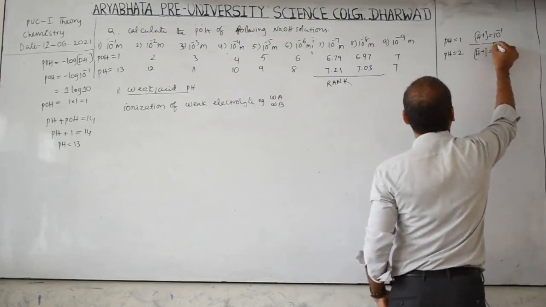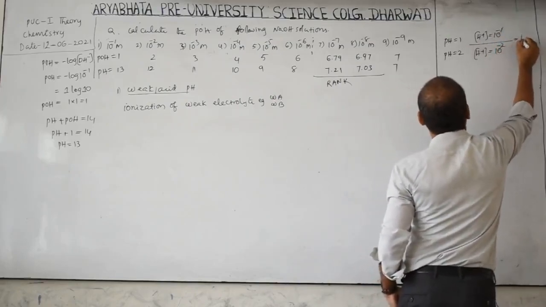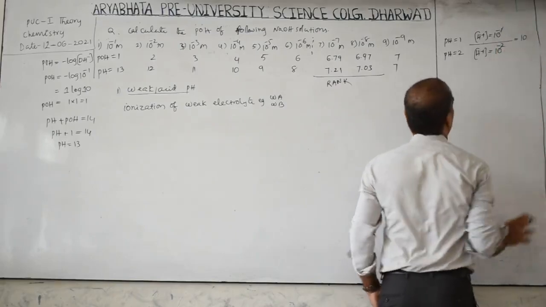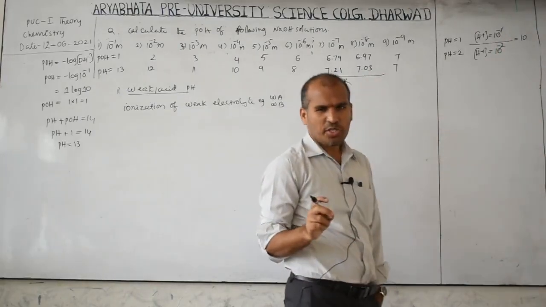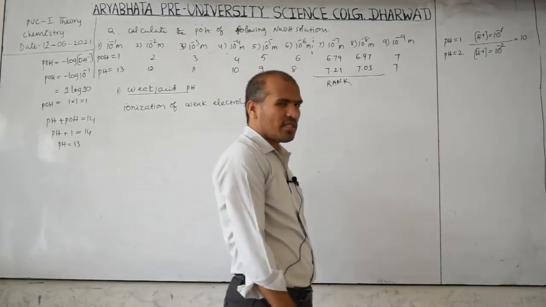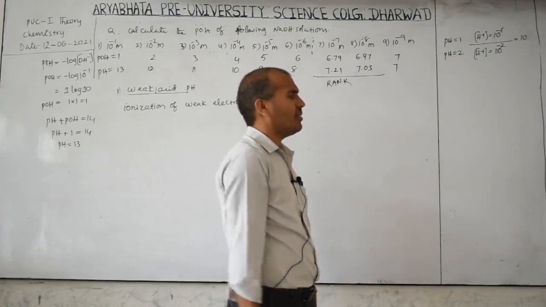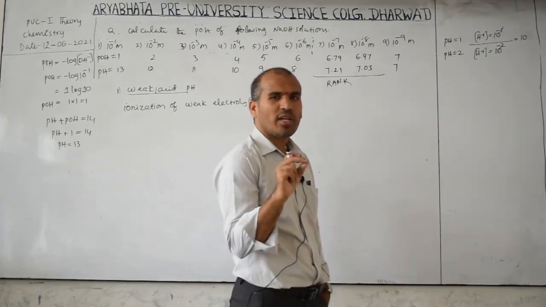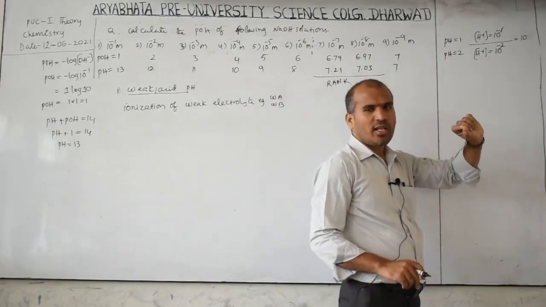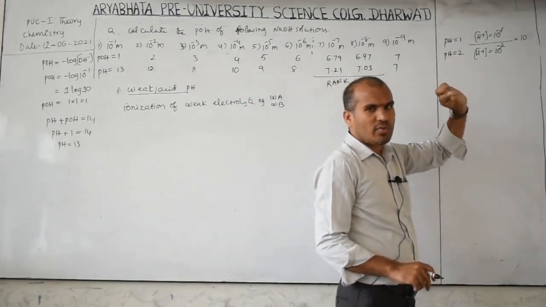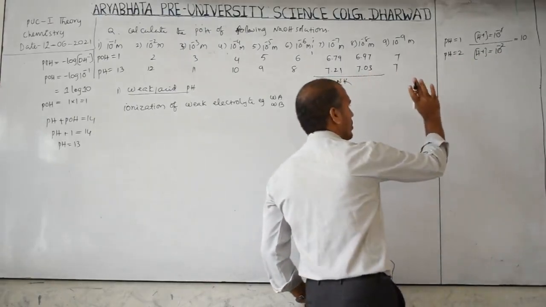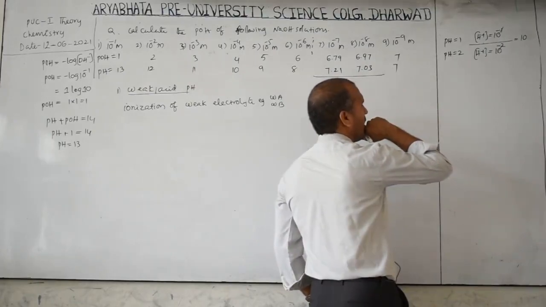Now if you divide, this cancels, therefore 10 power minus 1 divided by 10 power minus 2 is 10 power 1, so it is 10 only. So when pH change is 1, the H plus ion concentration changes by a factor of 10. This statement is given in your textbook, you can underline it. Clear? So this statement is very important.